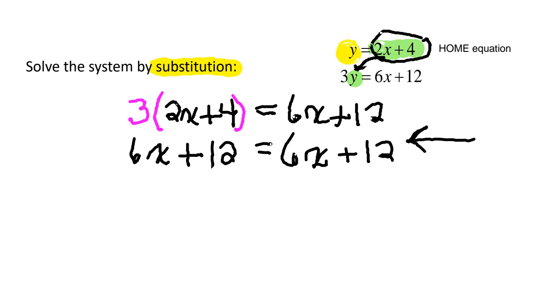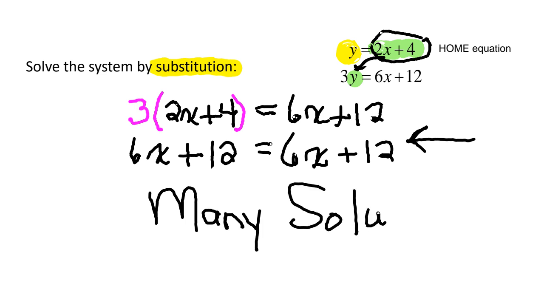What do these left side and right side mean? Remember, they're the same. If the left side is the same as the right side, I have many solutions. Remember, that was the algebra we learned earlier.